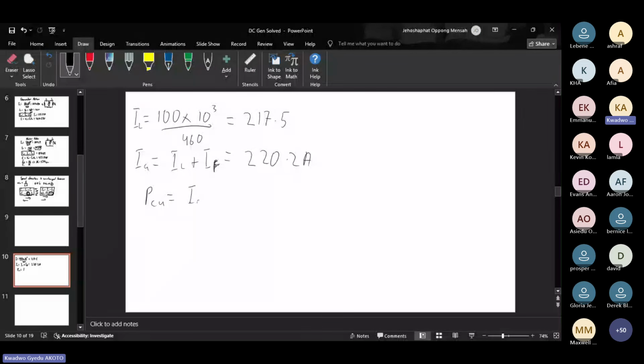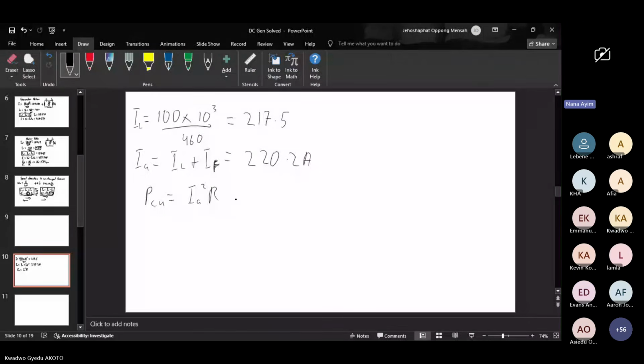So we just substitute it in. We have 5.325 kilowatts, right? Copper losses at full load in our armature.